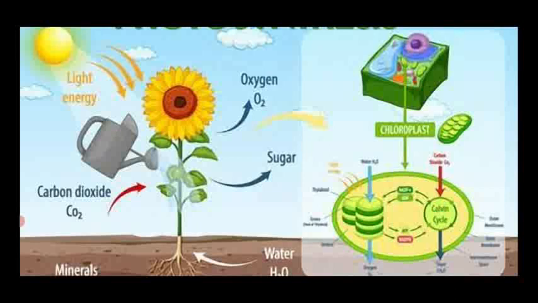The reaction center and harvesting center combined together are named the pigment system. All this we have seen in the previous video class. Today we are going to see how photosynthesis takes place in the plant parts.